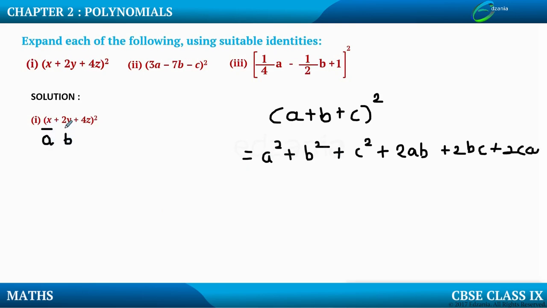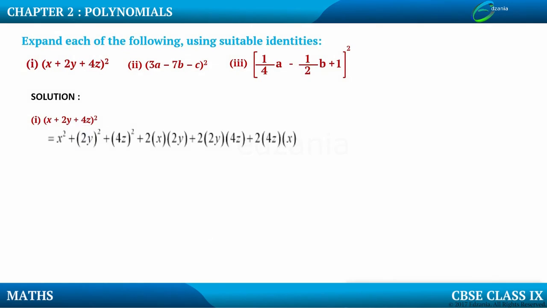So (a + b + c) the whole square. Let us apply. So a square plus b square plus c square. I repeat this: a square plus b square plus c square plus 2ab, so 2 into a into b, plus 2bc, that is 2 into b into c, plus 2ac, that is 2 into a into c in the last term.